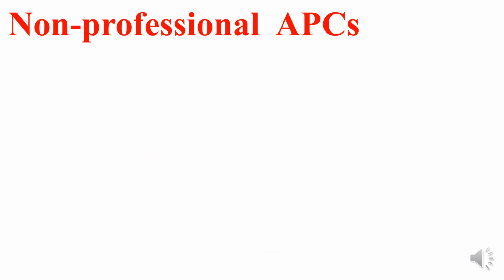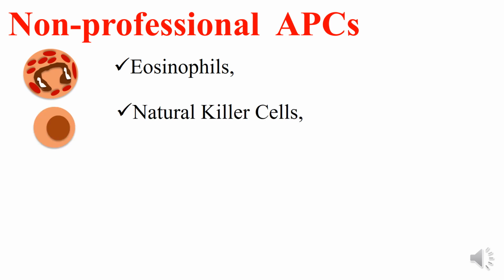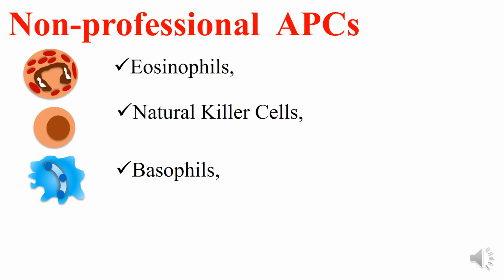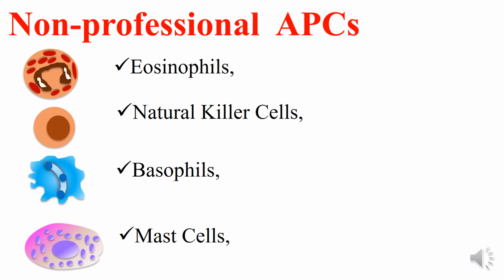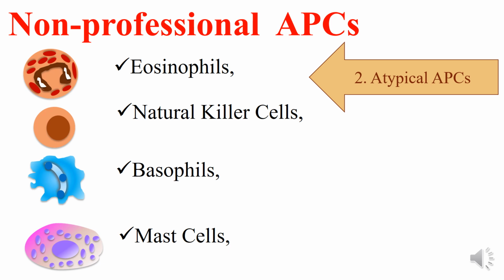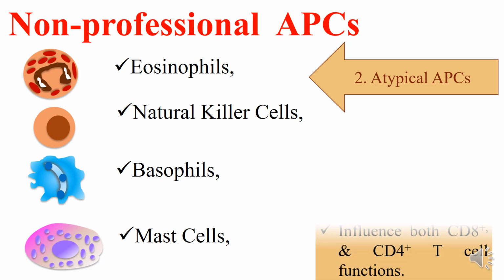The non-professional antigen presenting cells include eosinophils, natural killer cells, basophils, and mast cells. There are several other kinds of non-professional APCs. These APCs are also known as atypical APCs.